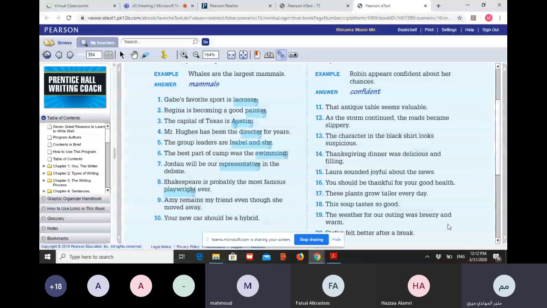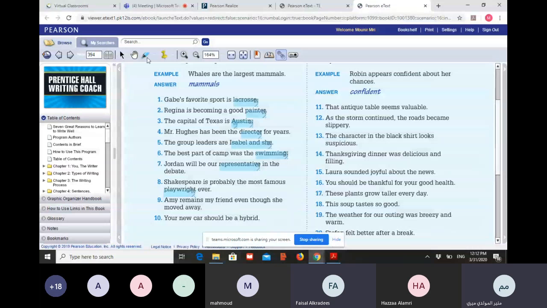What is the first word in the sentence? Amy. Amy is the subject. Then where is the verb? Remains. Remains is the linking verb. The word after remains is a predicate noun. So what is the predicate noun? My friend, or just friend.